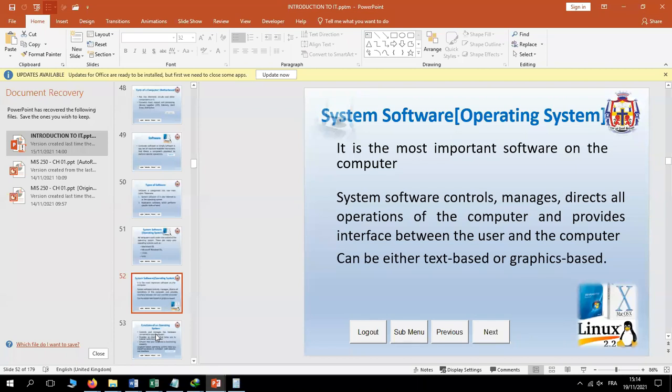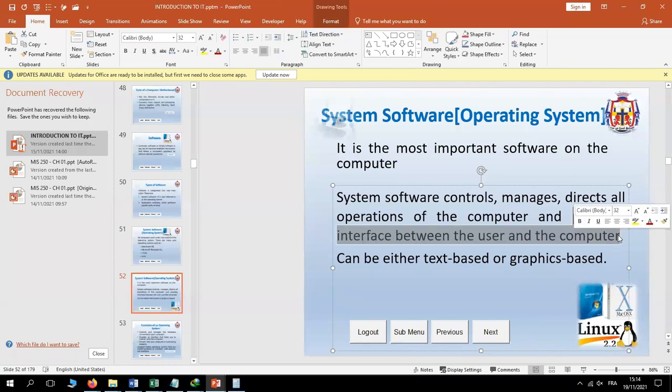However, you can have a computer with an operating system but without application software, and it works very fine. Because the operating system is the one that controls, manages and directs operations, and I'm emphasizing this, it provides the interface between the user and the computer. That's what the operating system does.